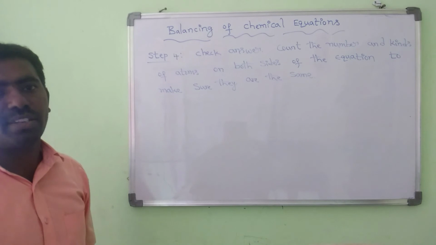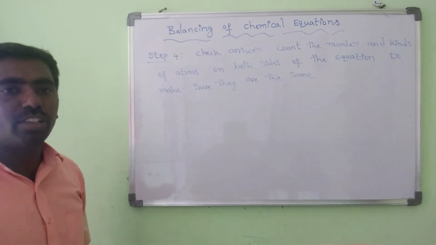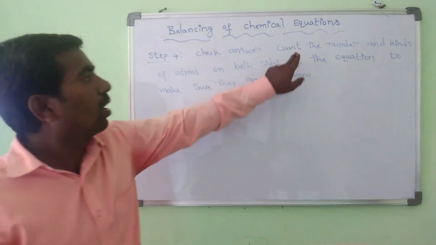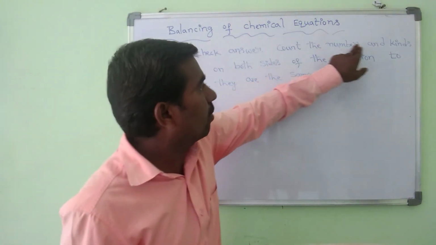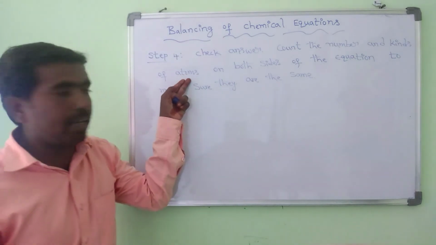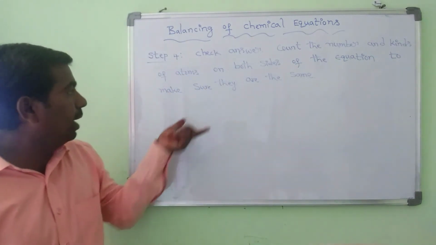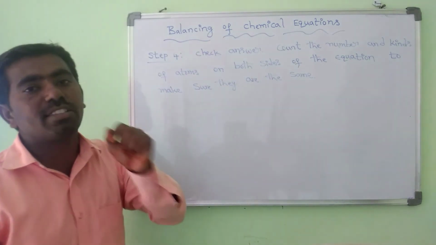Last step, step 4. In this step we have to check the answer and count the number and kinds of atoms on both sides of the equation to make sure they are the same.